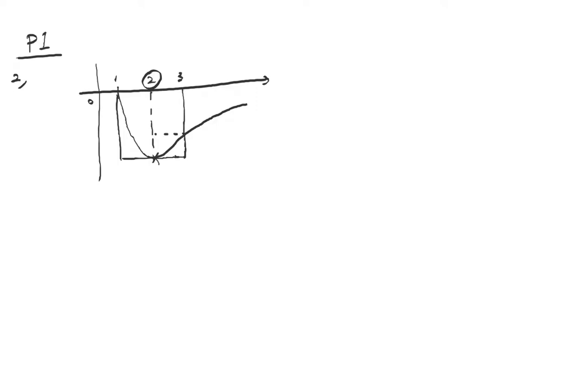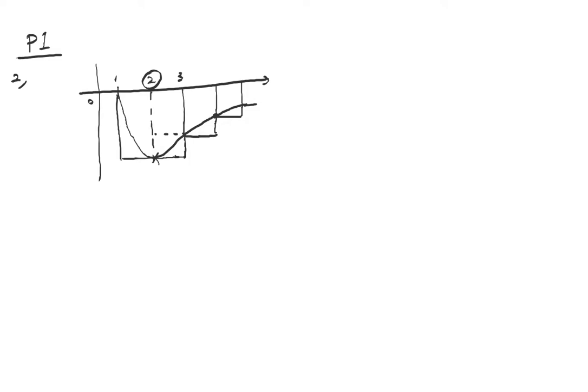Then the third rectangle, you use x equal to 3. Then the fourth rectangle, you are wrong. You are supposed to use x equal to 4. That is how the rectangles are going to go. Your fourth rectangle is wrong. You are supposed to take this height, not the one from 3.